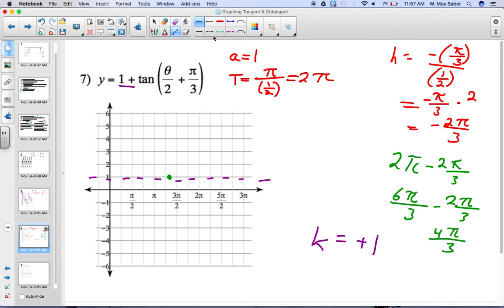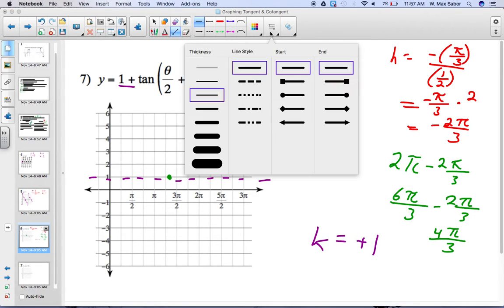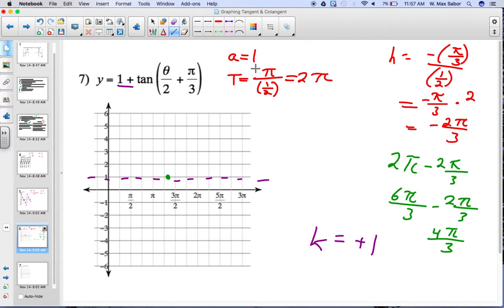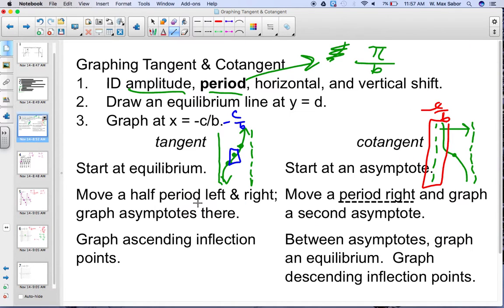Now, if we wanted to move another full period left or right, then that would give us another equilibrium point. But I'm going to move half a period left and right, so 1 pi left and 1 pi right, and that will give us our asymptotes. So that was what it said here.